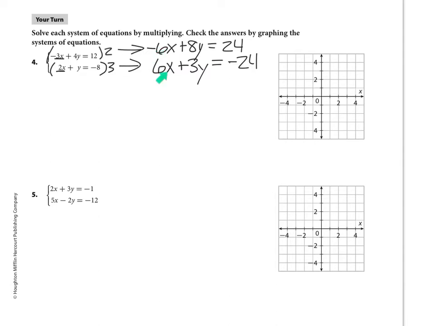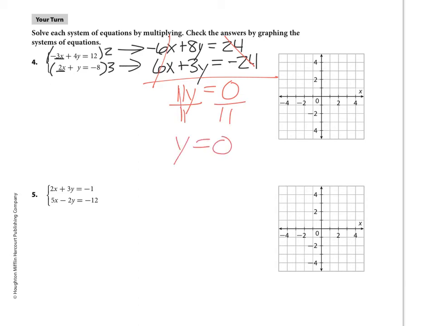One's a negative 6, one's a positive. Those are now going to be eliminated or cancel. Combine my y's, positive 8, positive 3 is positive 11. Then over here I get 24 and negative 24. They cancel, but that still leaves a numeric value of 0. Divide by 11, and you just get y is 0.